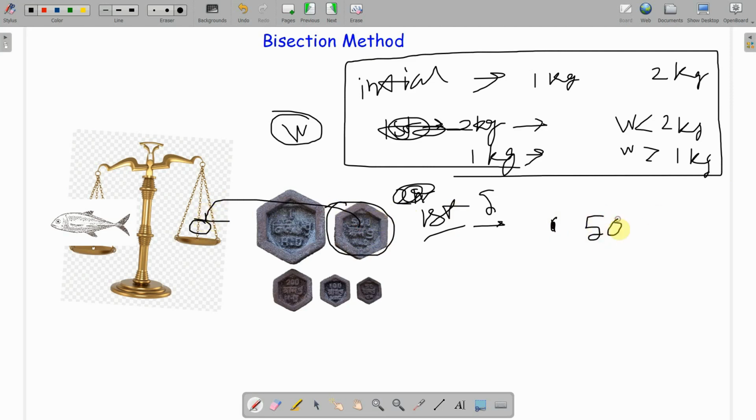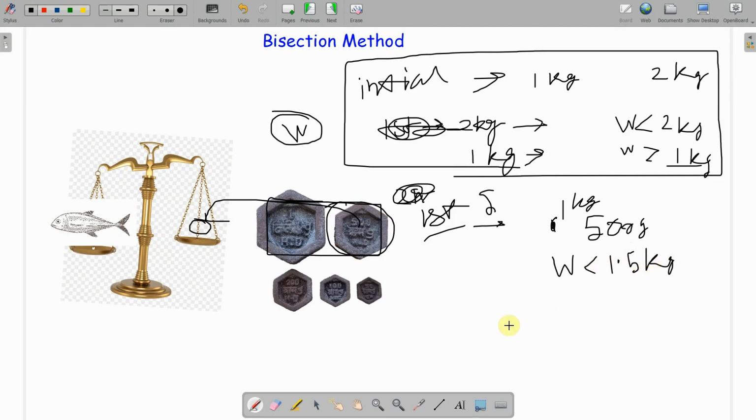He had already put 1 kilogram, and 500 gram, so the total weight on this side is 1 kilogram 500 gram. These two units are on this side. What he sees is that the total weight is less than 1.5 kg.